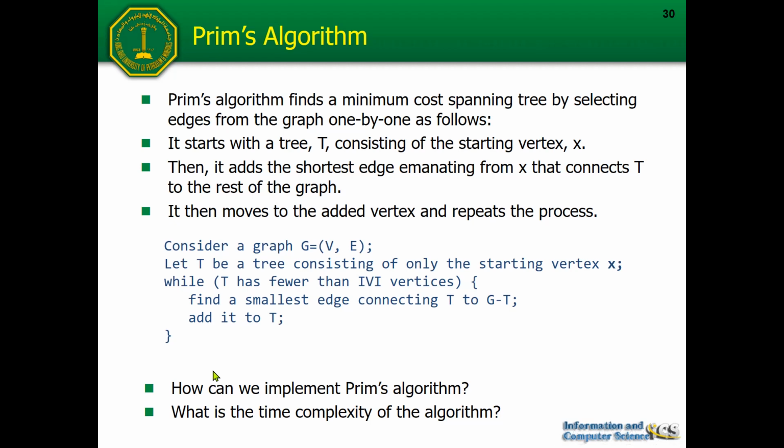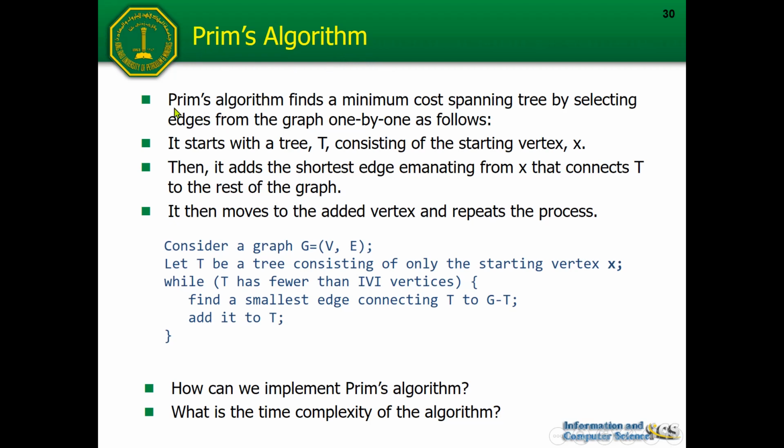To derive the minimum cost spanning tree for a simple undirected graph where the edges have weights, we can apply either Prim's algorithm or Kruskal's algorithm. As the first algorithm, we will discuss Prim's algorithm.